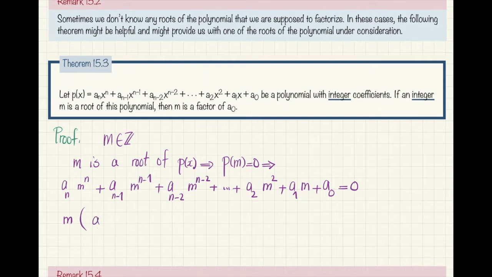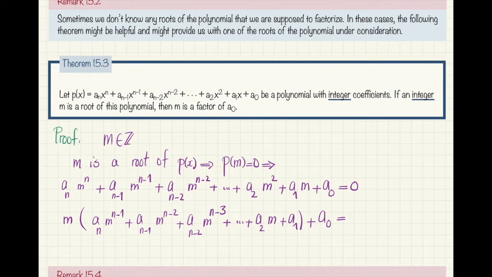It becomes an m to the power n minus 1 plus a sub n minus 1 m to the power n minus 2 plus a sub n minus 2 m to the power n minus 3, and I will continue and reach a2 m plus a1, and then I'll have plus a0 equals 0.